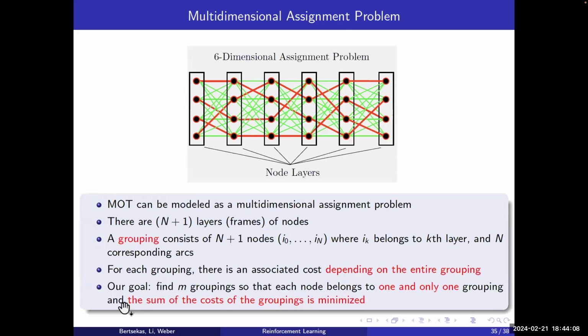So our goal is to find M groupings, where M is the number of objects in each frame, such that each node belongs to one and only one grouping. And our goal is to minimize the sum of costs of all groupings. Is it clear? Okay.